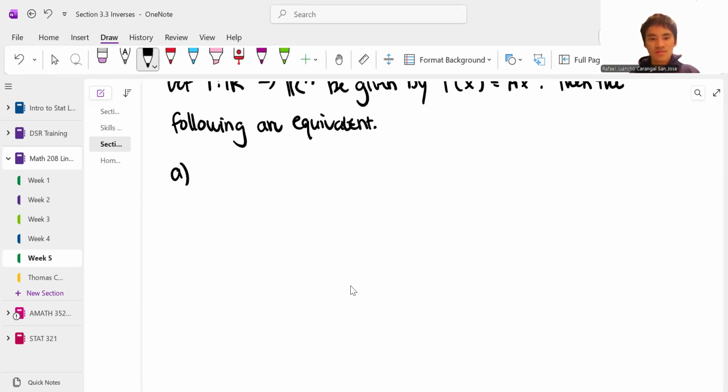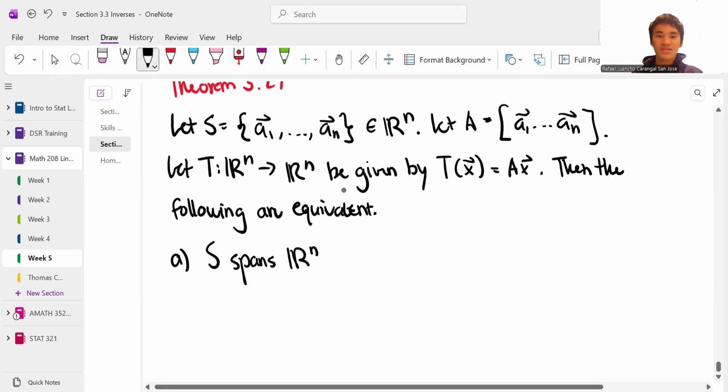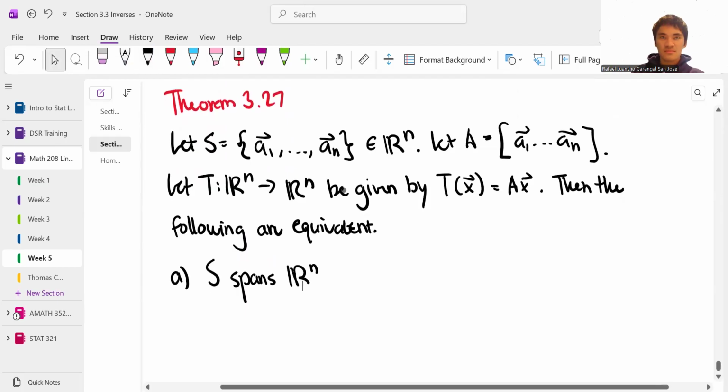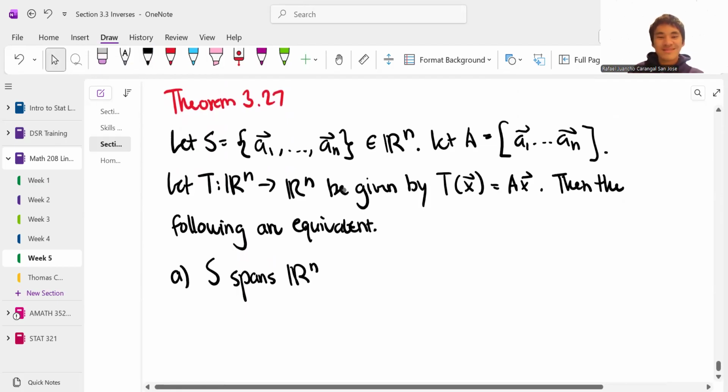A: we know that this set spans Rn. What does it mean when it spans Rn? How do we know? There is a theorem, which I think I memorized now, that there's a pivot in every row. We convert these sets of vectors into a matrix that has columns of vectors, as an augmented matrix or just a matrix.